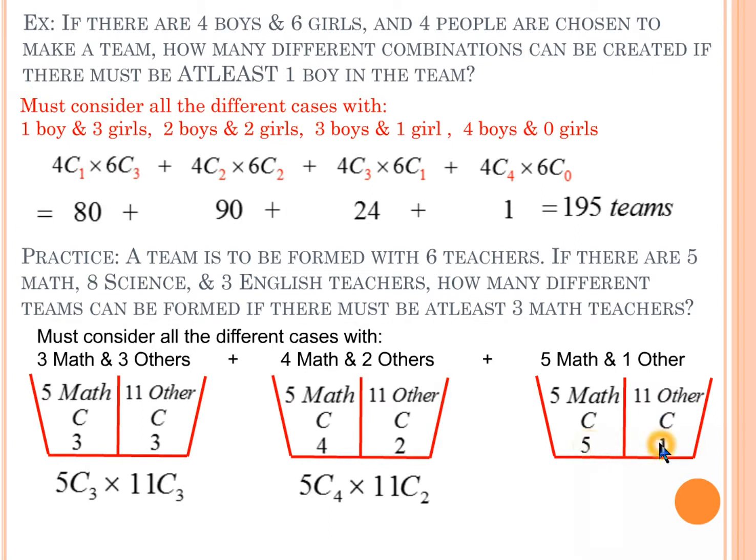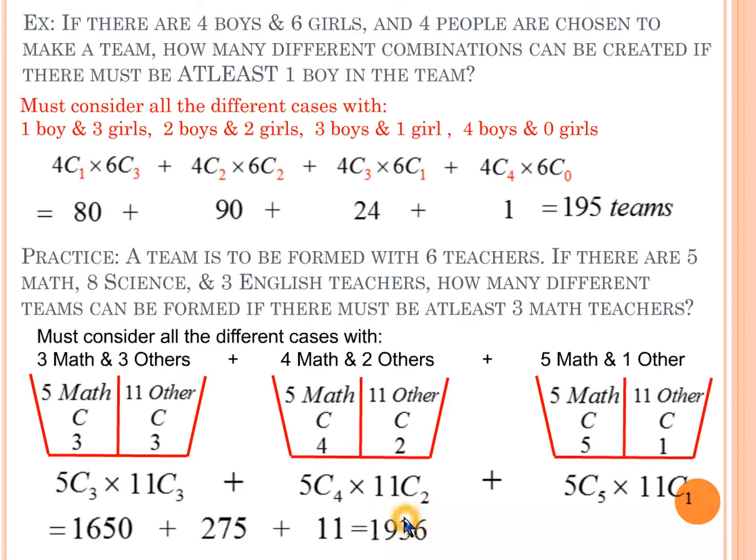So 5 plus 1 still gives me a team of 6 teachers. So 5, choose 5 times 11, choose 1, and you simply add all those together, and you'll get a final answer of 1,936 different teams. All right, good.